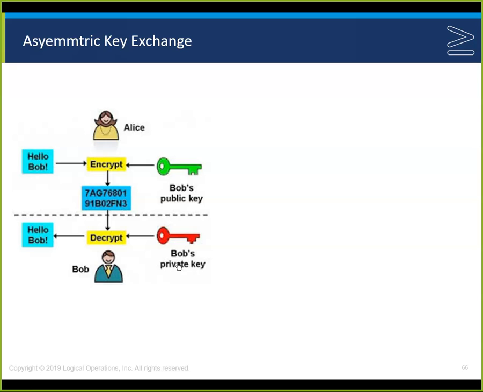If you lose control of it, you're going to have to have it revoked, because anybody can now decrypt anything that you have done. So Alice wants to encrypt with Bob's public key, and Bob decrypts with his private key. We want a symmetric key, and we have the symmetric key in both places.